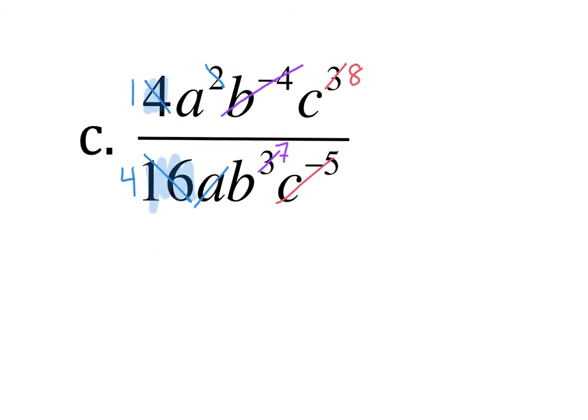Now the part of cleaning up comes about. So let's see what's left on top. I have only an a right here and a c8. So a times c to the 8th power. And down below in the denominator, I have a 4 and a b7. So 4 times b to the 7th power. And there we go.